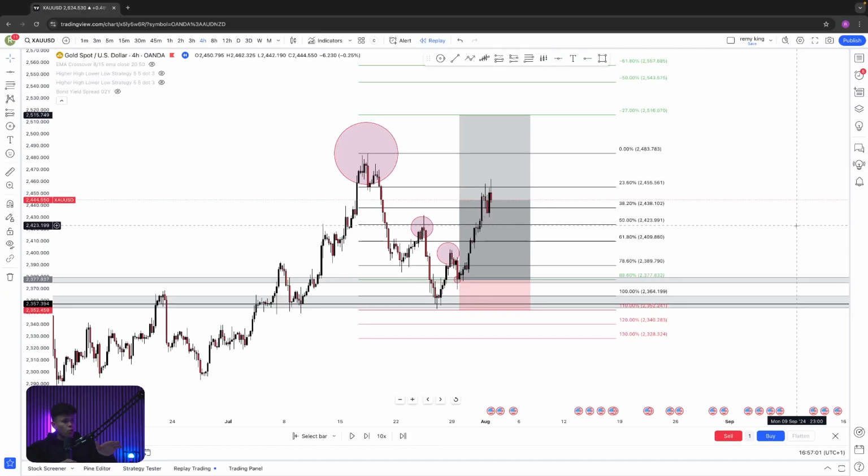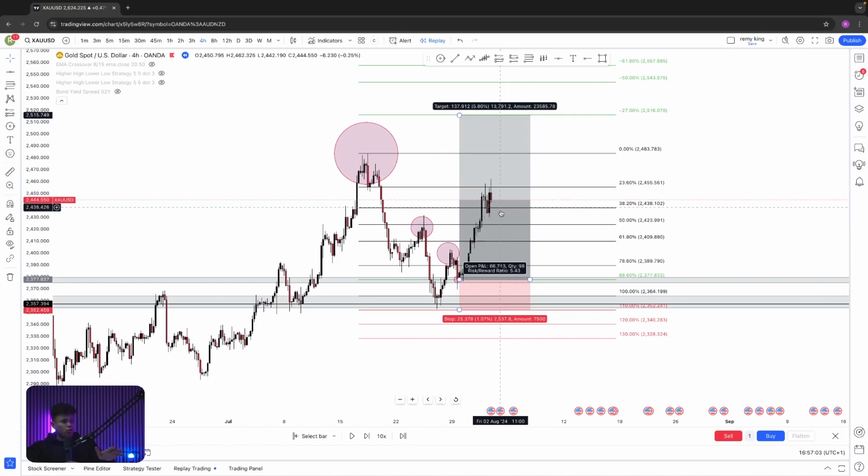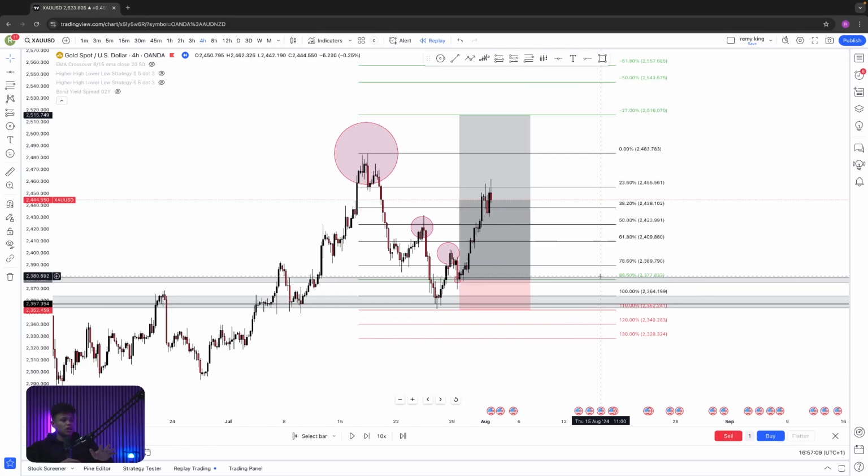So right here, what can happen is price can pull back to this area. Right now, I will not move my stop loss to break even yet, okay? Because what price can do is give us a pullback right here, reject off the 88.6 multiple times or even off our previous support before it actually makes the move to the upside.